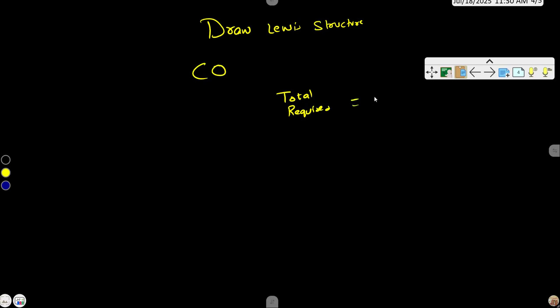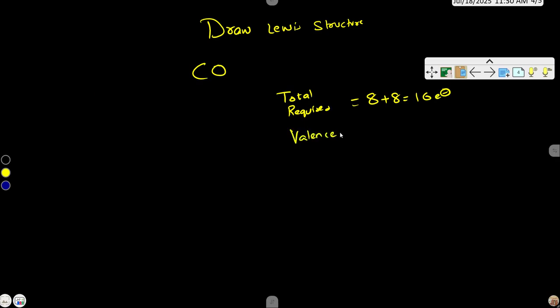That is 8 for carbon, 8 for oxygen, so a total of 16 electrons. If they are there, this carbon monoxide would be stable. So the total required electrons for carbon monoxide to be stable are 16 electrons.